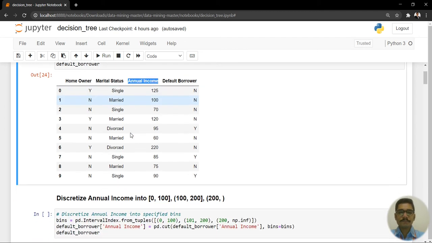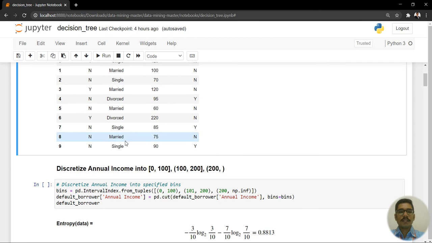Okay, so talking about discretization of the annual income, first it is up to you how you want to build your tree. In a decision tree, if you remember, we do splits. Usually if you build a decision tree using the ID3 algorithm, that is, the Iterative Dichotomiser 3 algorithm, you have to split it into two.